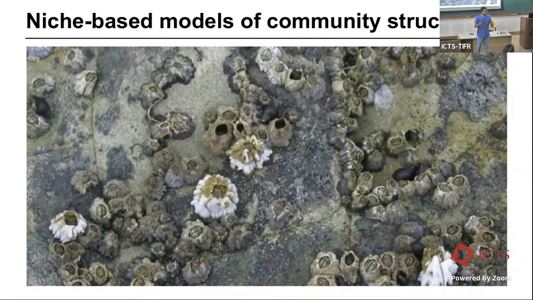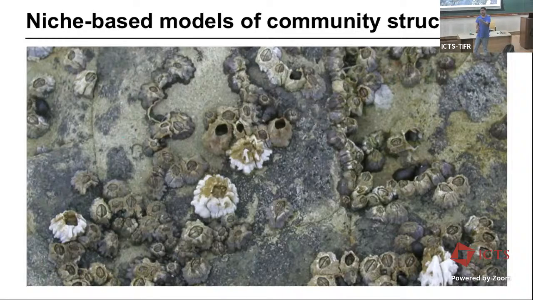When we talk about community structure, the properties of a community, very often we're talking about the abundances of species in the community. And we're asking, what is the pattern? What is the distribution of the abundances of species in this community?